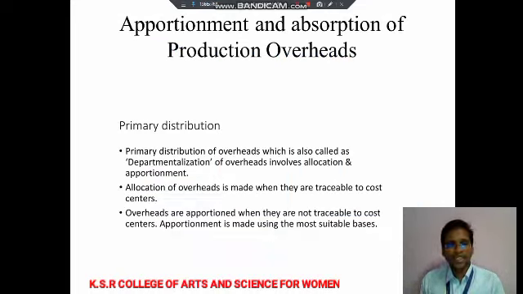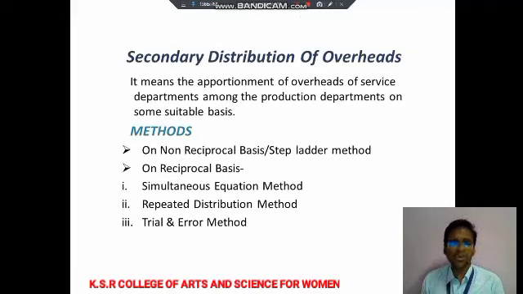Primary overheads, also called departmentalization of overheads, involve allocation and apportionment. Allocation of overheads is made when they are traceable to a cost center. Then secondary overheads mean apportionment of overheads of service departments among production departments on some suitable basis.